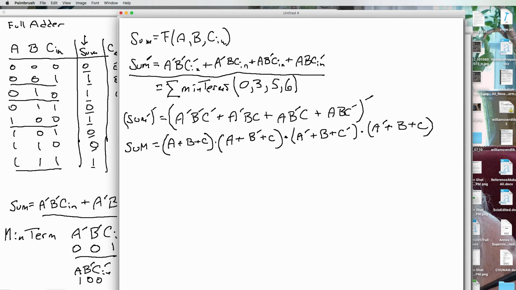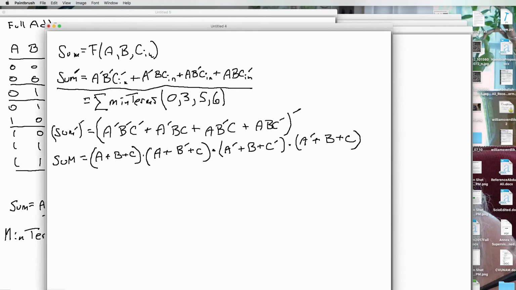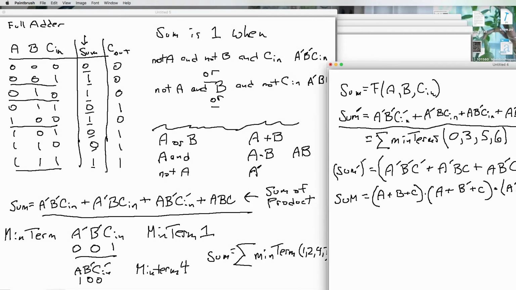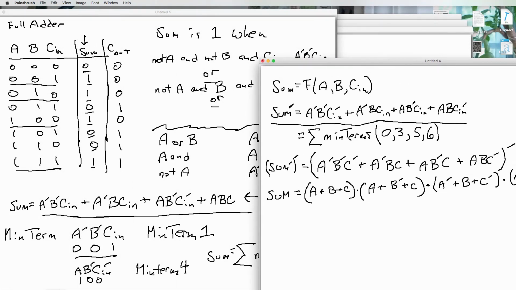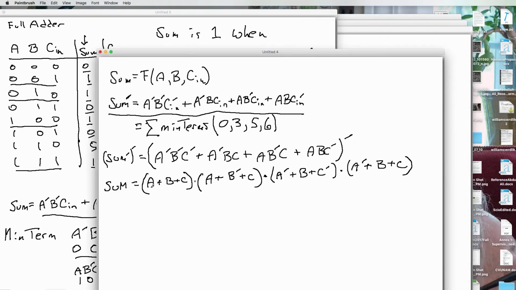And now here is the whole point of this discussion. Notice what I've done here now is I have a completely different way. Here is the old way that we expressed sum, and notice that that was called a sum of products. Over here I have a different way of expressing it, and this is called a product of sums.